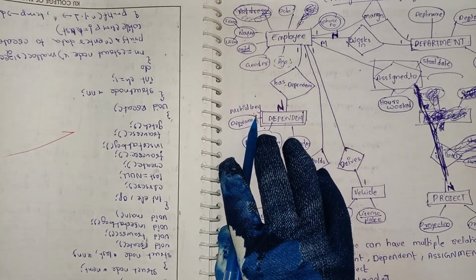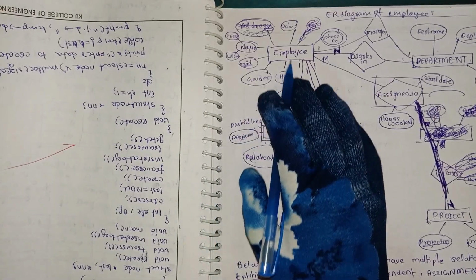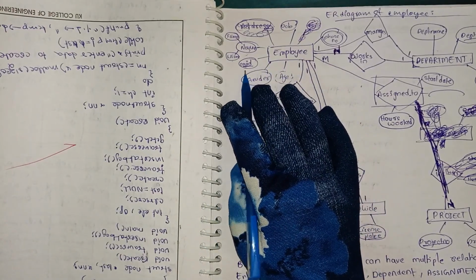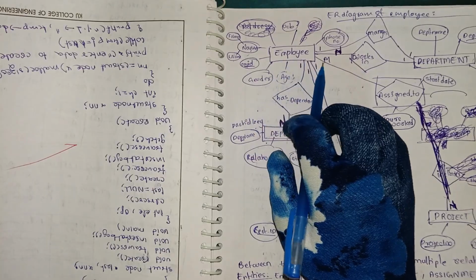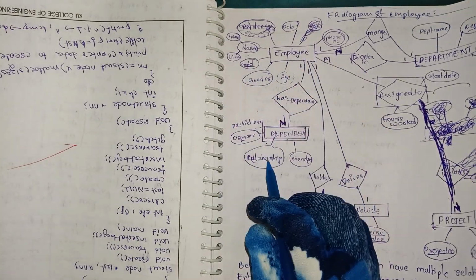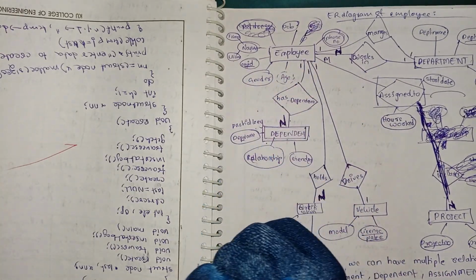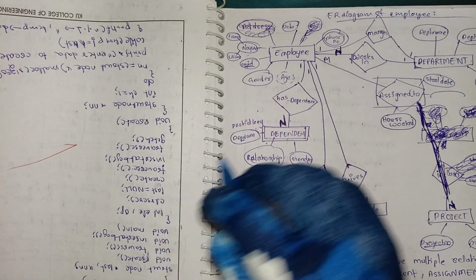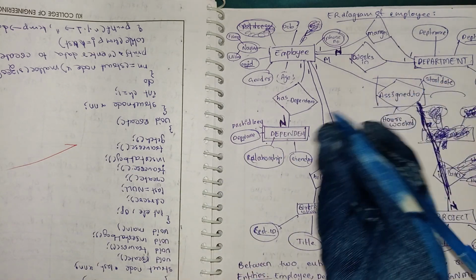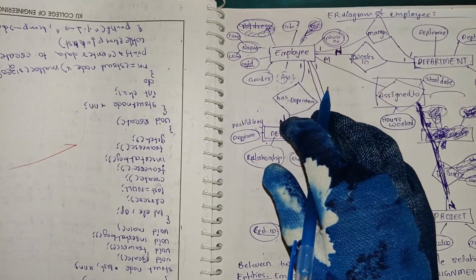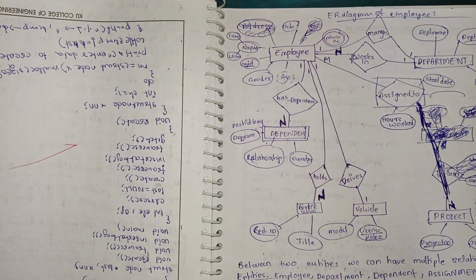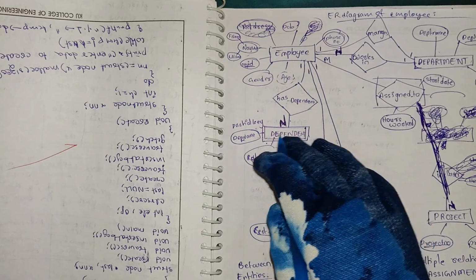is dependent on employees. The employees table's employee ID, because according to the definition of partial key, it combines with the primary key of the strong entity and uniquely identifies each row in the table of the weak entity.